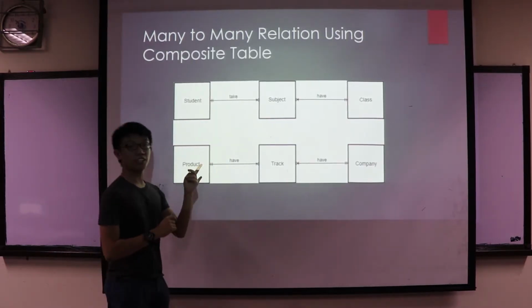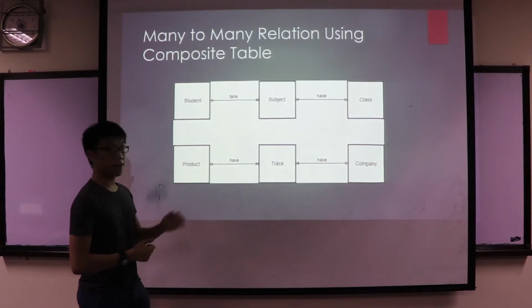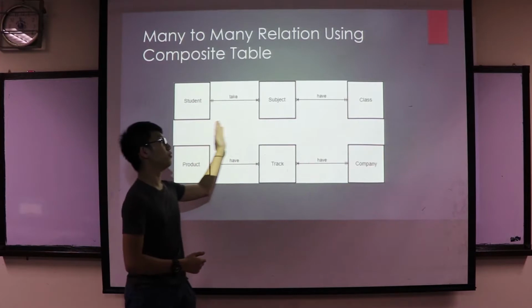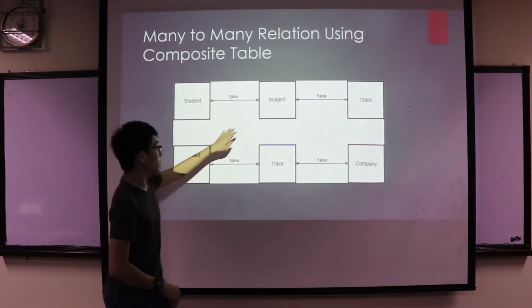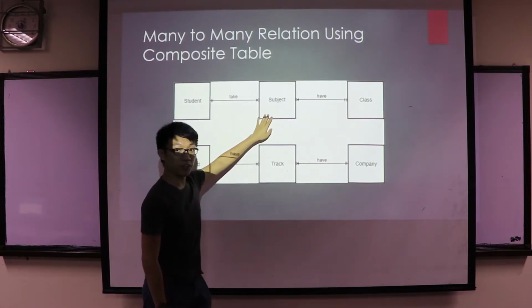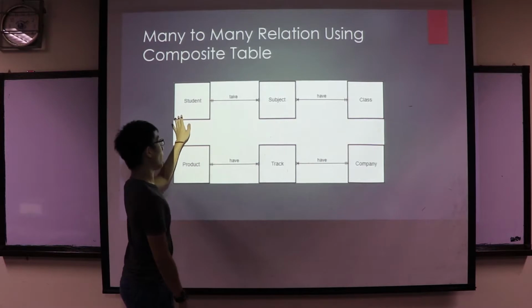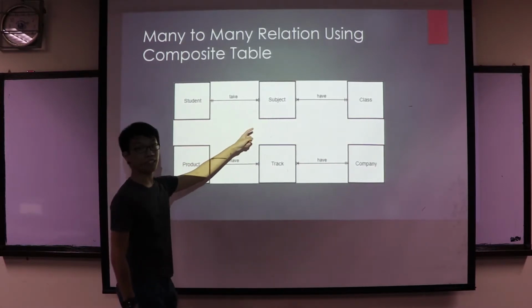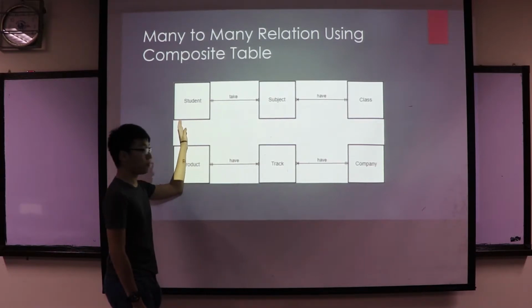Many-to-many relationships need to use a composite table in order to separate them into one-to-many and many-to-one relations. Based on the first example, subject is the composite table. One student can take many subjects, while one subject can be taken only by one student.